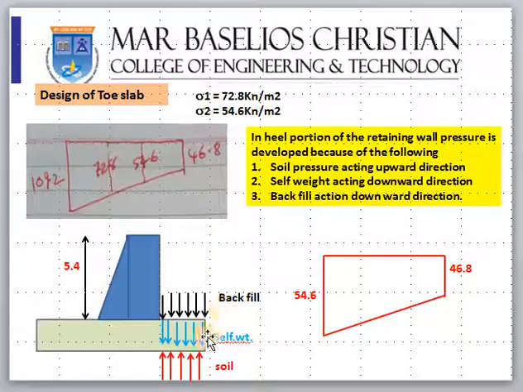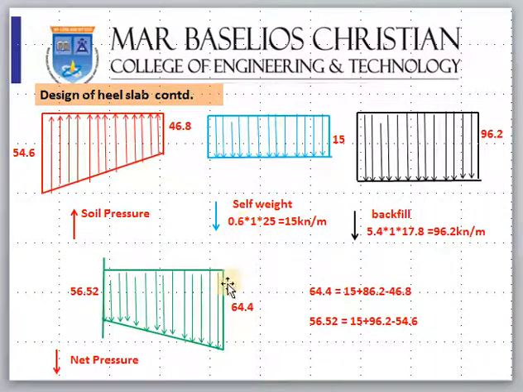The thickness of this slab is 0.6 and the unit weight of concrete is 25. So 0.6 into 1 meter, taking only 1 meter length, into 25 gives you 15 kilonewton per meter. This indicates the pressure due to the self weight of the slab.